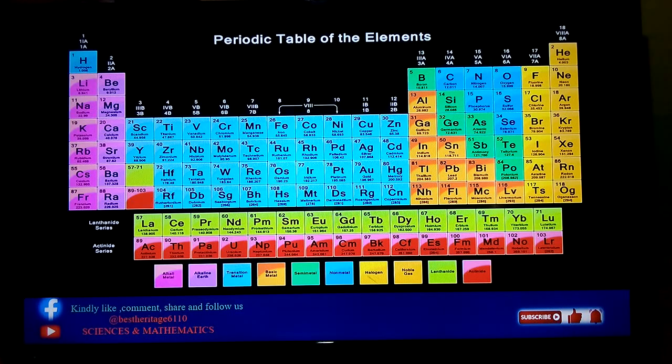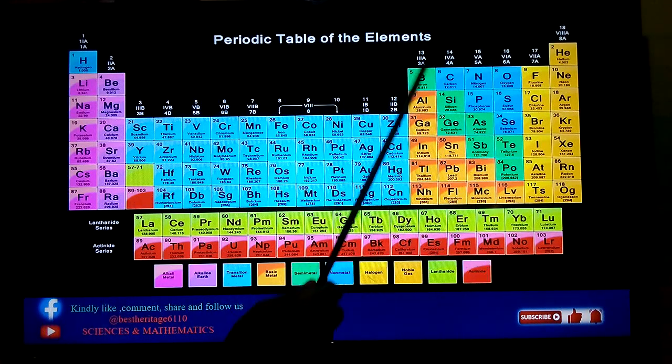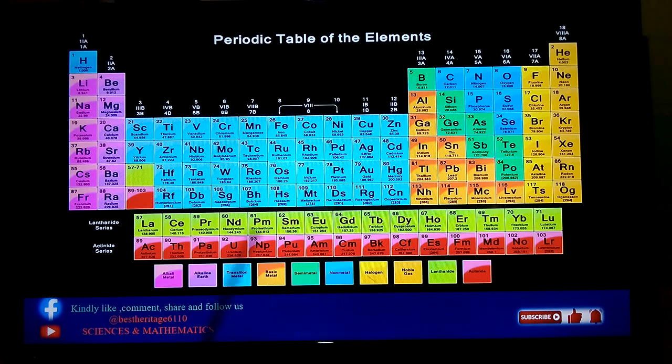So from that, apart from the alkali metals, alkaline earth metals, transition elements, and the inner transition elements, we're going to have this particular range of elements that we refer to as the basic metals. And these are some of the elements that are going to fall under the category of what we refer to as S and P block elements.